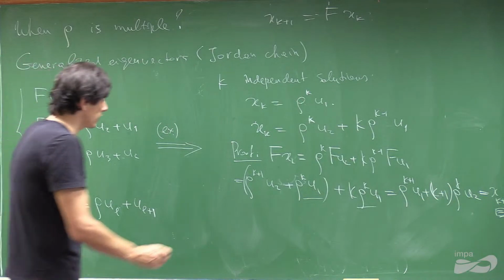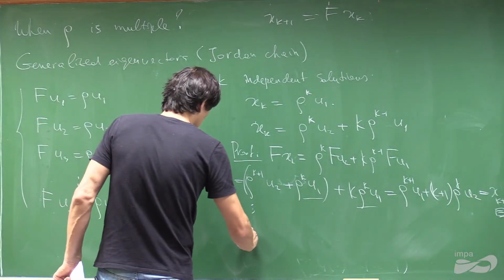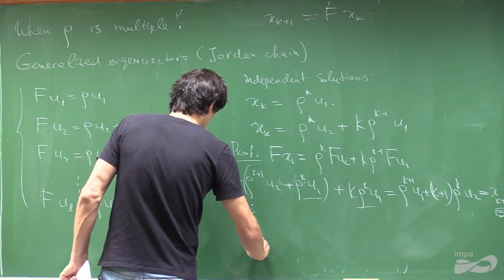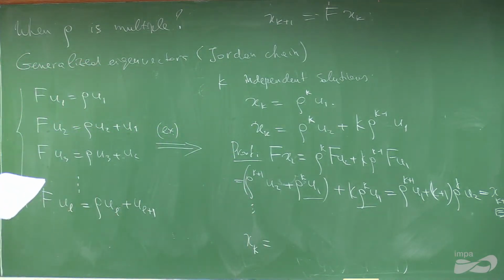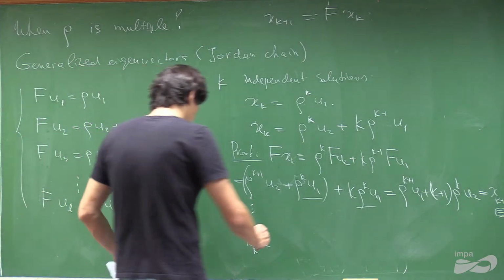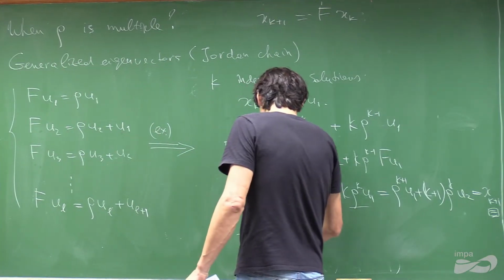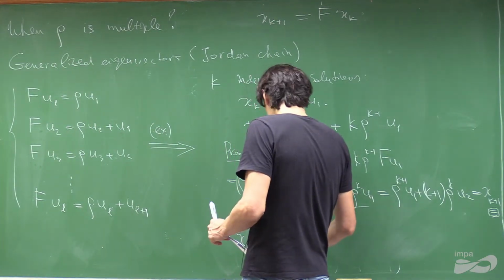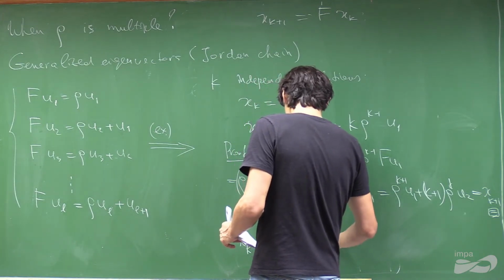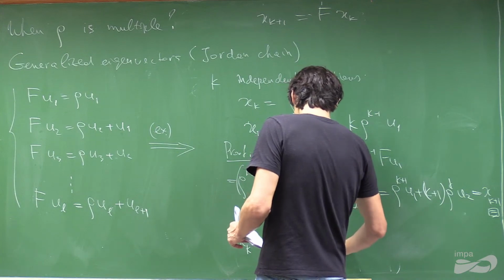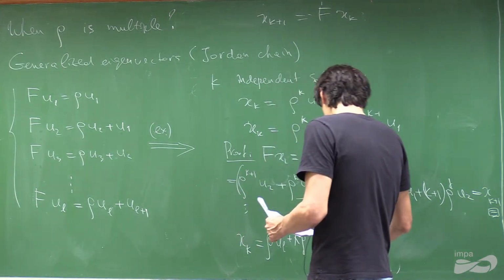And so on, until the last solution is constructed out of the full sequence. So it will be rho^k u_L plus k rho^(k minus 1) u_(L minus 1) plus so on.